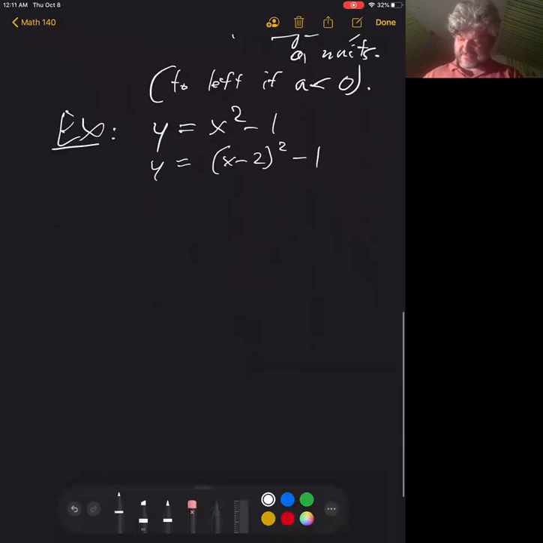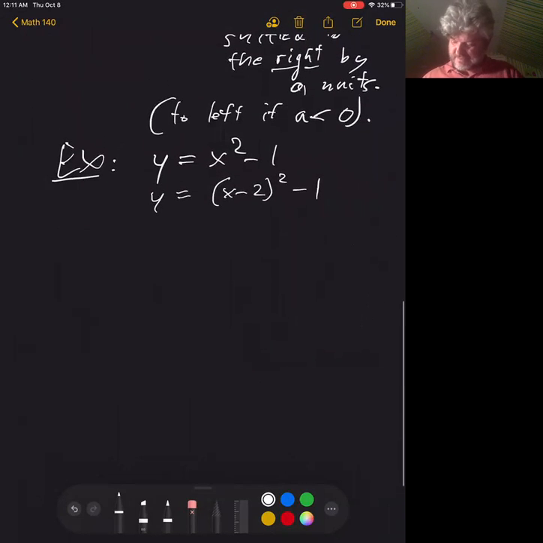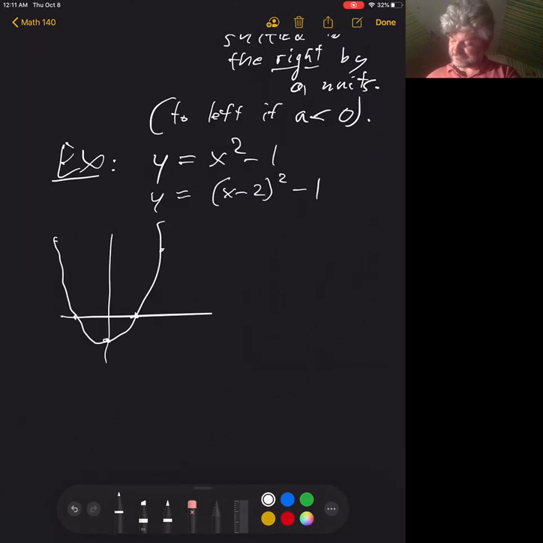If you graph it, when x is 0, the first function gives me negative 1. x is 1 gives 0, and it goes up. So it's the parabola. And then my transformed function, when x is 2, gets me to negative 1.